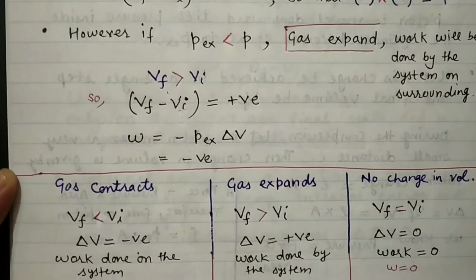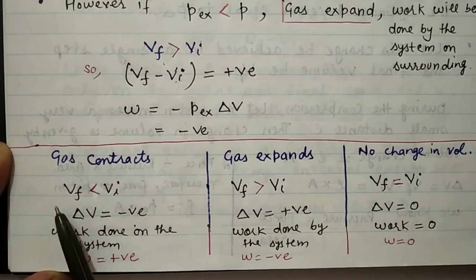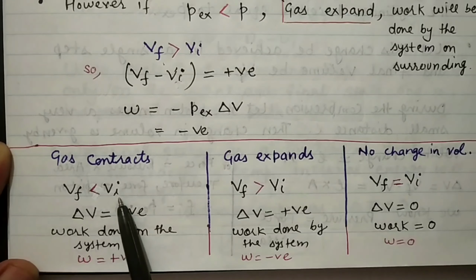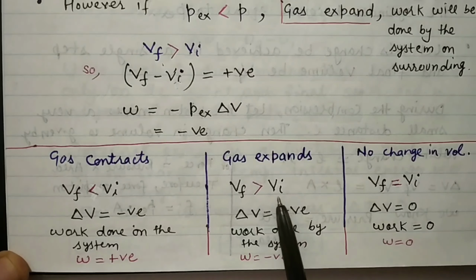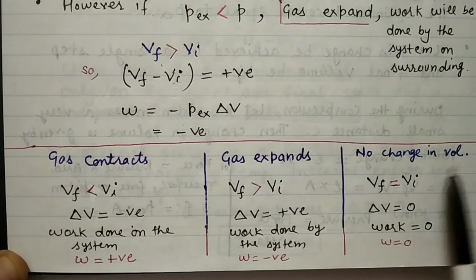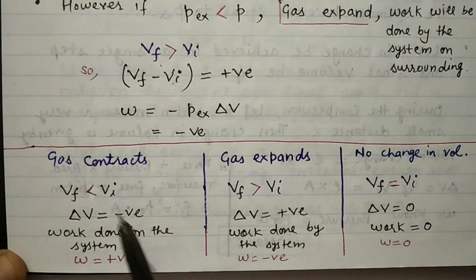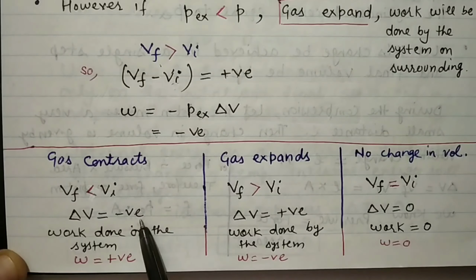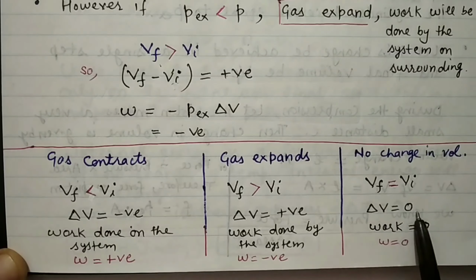So we have the relationship that if the gas contracts, the final volume will be lower than the initial volume. If the gas expands, the final volume will be greater than the initial volume. If there is no change in volume, the final volume will be equal to the initial volume. Here the change in volume will be negative, here positive, and here zero, because both volumes are the same, right?